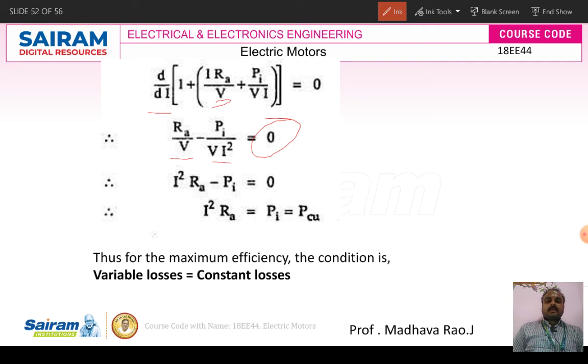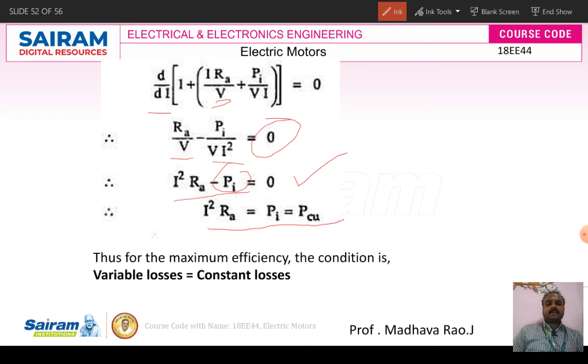Simplifying, Ra by V equals Pi by V I square. V and V cancel on both sides. So finally I square Ra minus Pi is equal to 0, that is I square Ra equal to Pi.